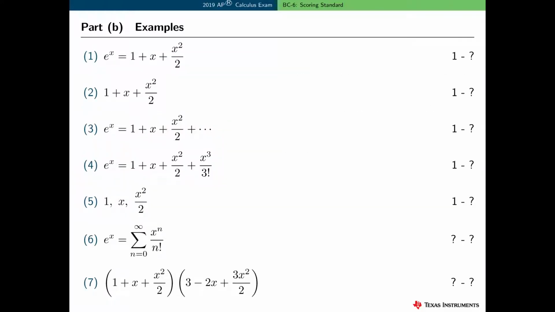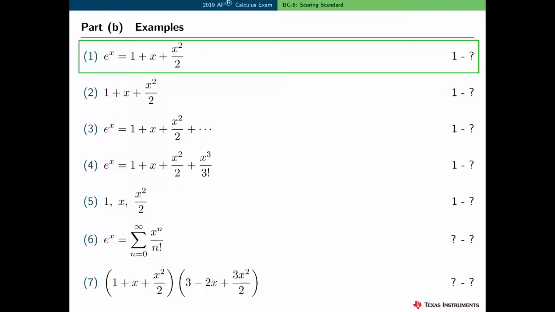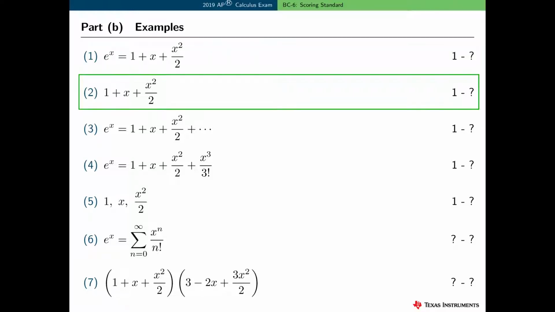Here are some examples of student responses, focusing on the first point of Part B and how each was scored. In example 1, the student has the first 3 terms and has the sum equal to e to the x. We'll read this as approximately equal, so this earns the first point. In example 2, those are the first 3 terms. No explicit identification is necessary here, so this also earns the first point.